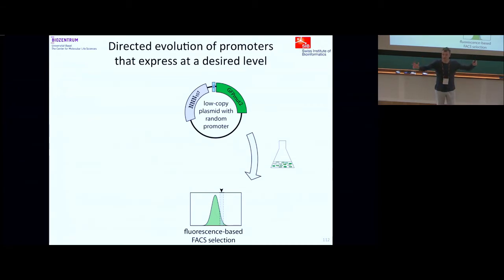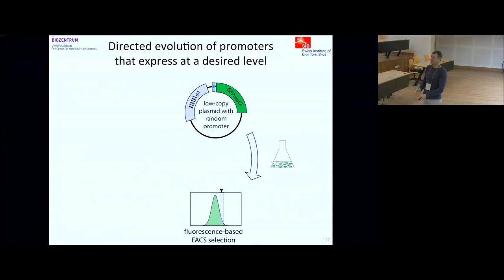So there's many cells, some carrying the same promoter, but many carrying different promoters. And then we selected in the FACS the 5% of cells that was closest to the target level. All right? So we set a gate in the FACS so that 5% of the cells would make it through, the ones closest to the target level.